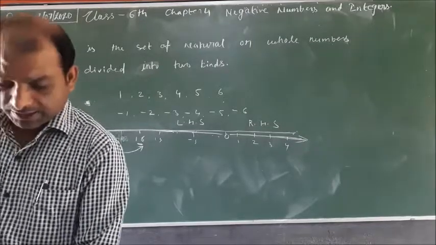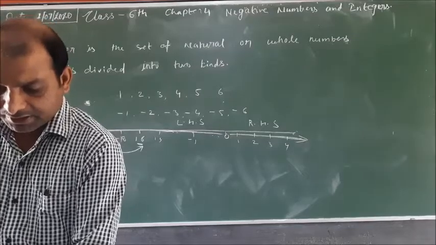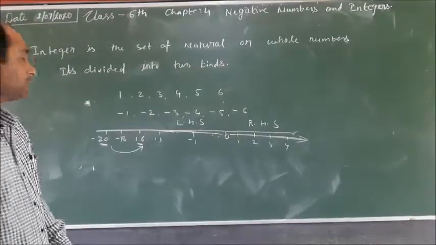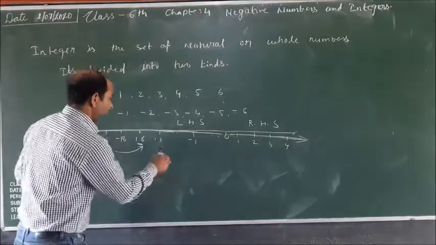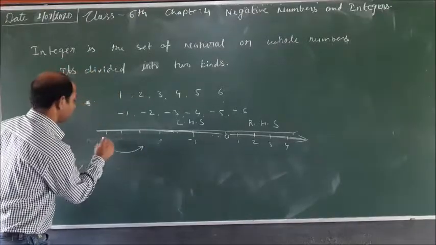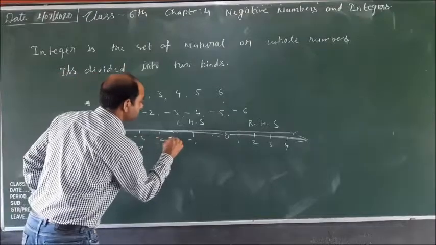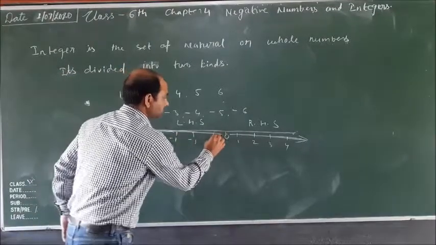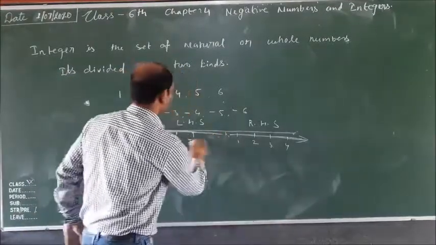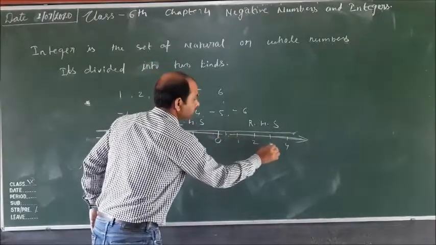Now: -5 is an integer between -4 and 4. -5, -4, -3, -2, -1, 0, 1, 2, 3, 4.